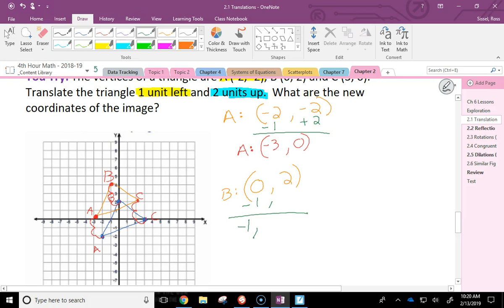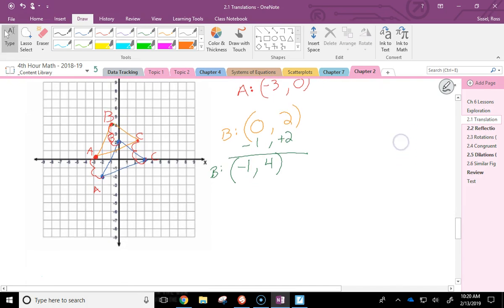What did it tell me to do? Up 2. Is that adding or subtracting? Going up is adding. 2 plus 2 is 4. That is my new term. So if I look at B, -1, then 1, 2, 3, 4. That's where we were.